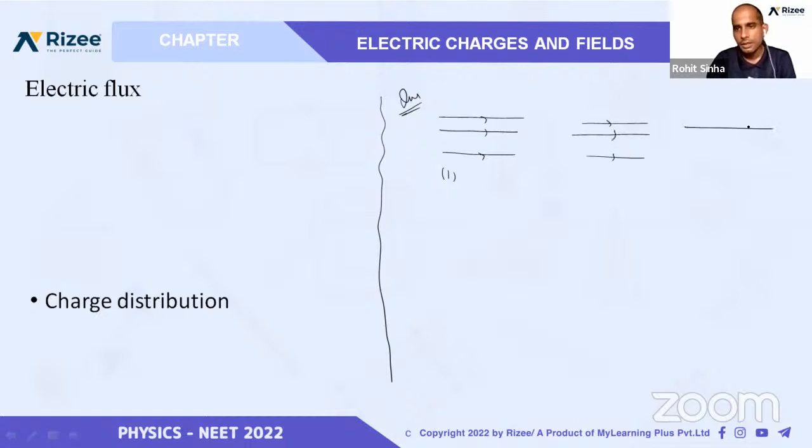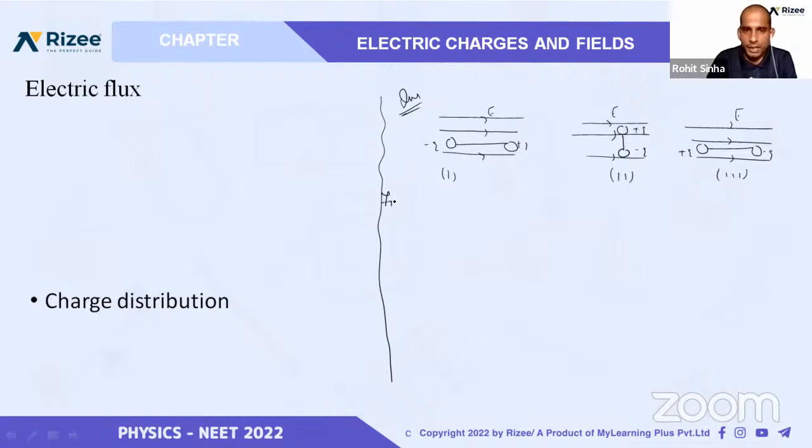In the first figure, the dipole is like this, minus q here, plus q here. In the second case, it is rotated and placed like this, plus q here and minus q here. In the third case, it got rotated like this, such that plus q is here and minus q is here. The electric field is E in the first, second, and third figures.